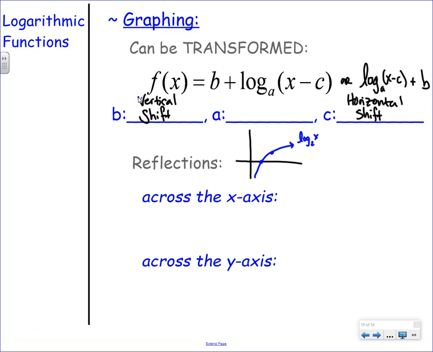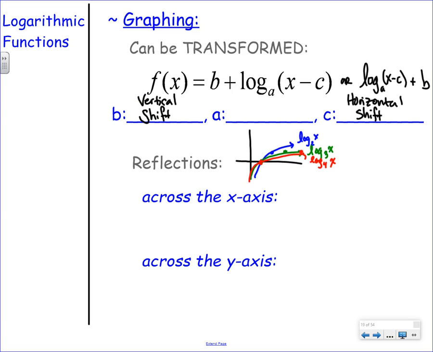If I was to have log base 3, I still have the same intercept, but now I have the point (3, 1), and that'd be (1/3, -1). If I was to have log base 4, still the same intercept, but I'd have (4, 1) and (1/4, -1). Question, what happens as my base gets bigger?